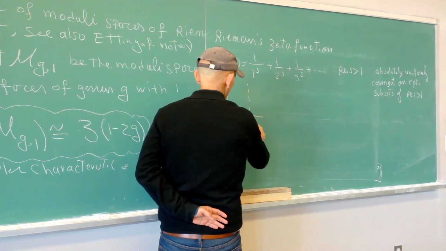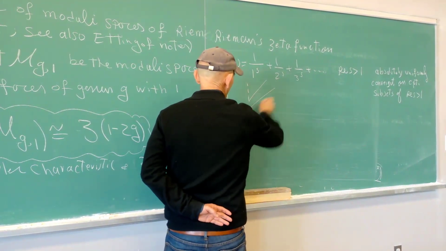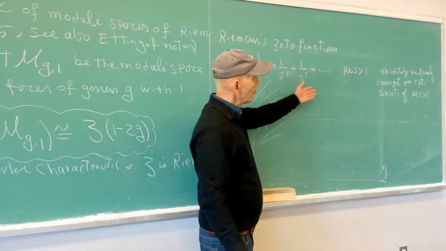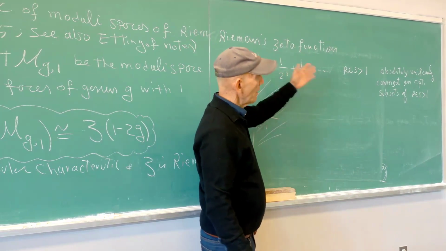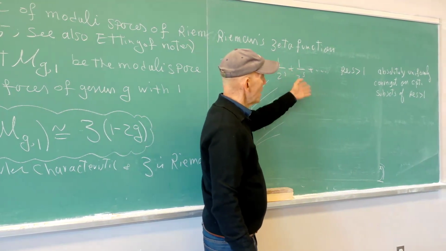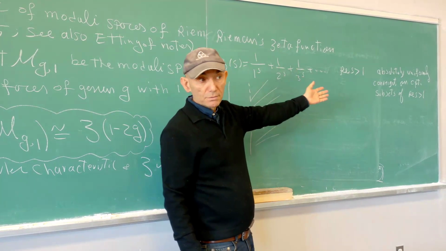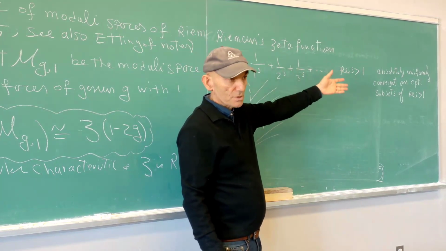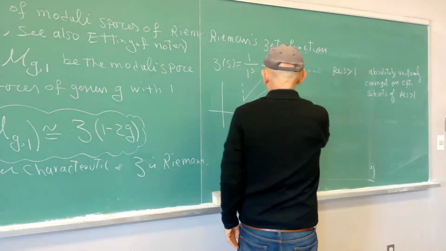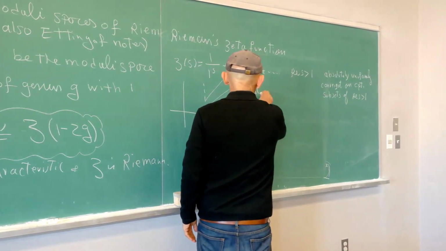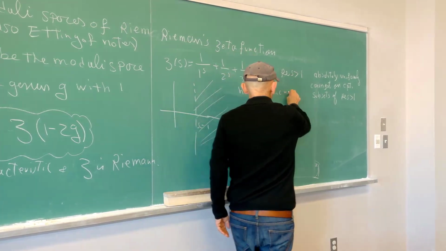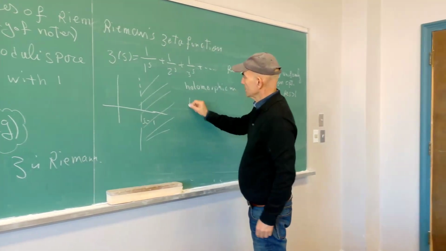This is s equal to 1. So here you have a function. Now this function is the uniform limit of an absolutely convergent sequence of holomorphic functions, so the limit is holomorphic as a result. So it is holomorphic in the right half plane, real part of s bigger than 1.